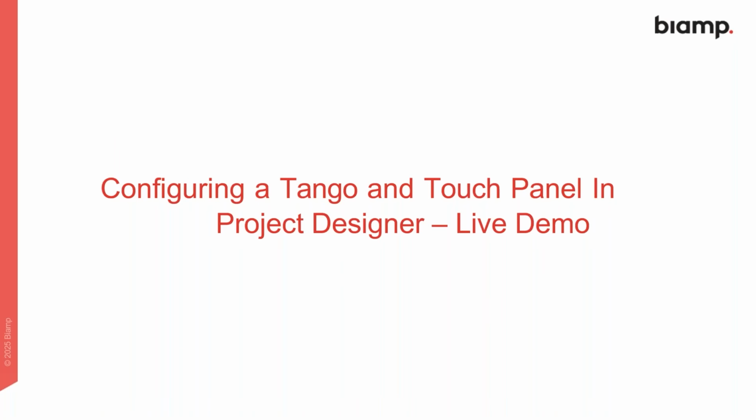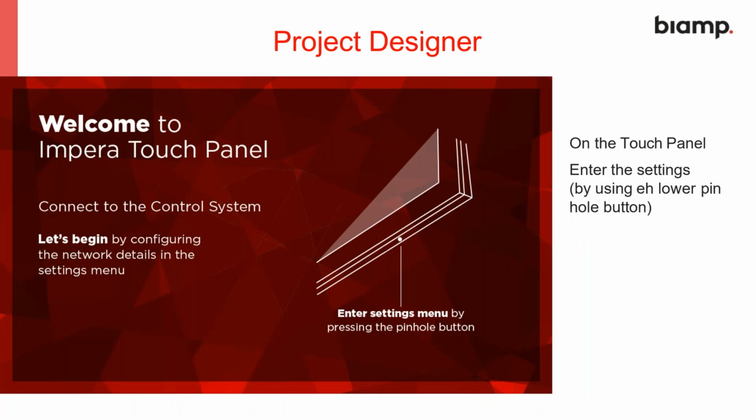That's how you program the software. How do you bring the GUI which you have programmed into your touch panel? Once you have configured it and sent the file, there is a small pinhole button at the rear side or the bottom side of the touch panel. All you have to do is use a pinhole, what do you call that?